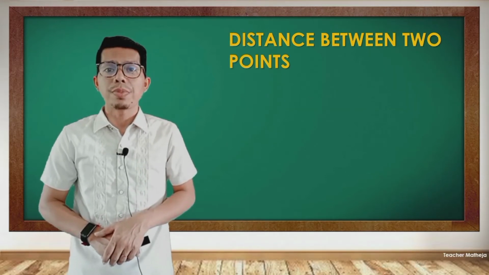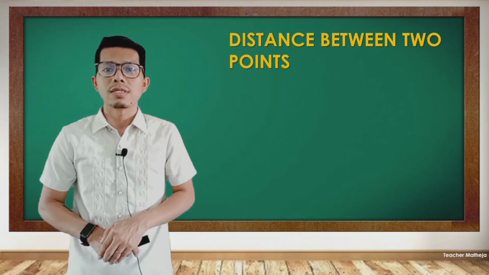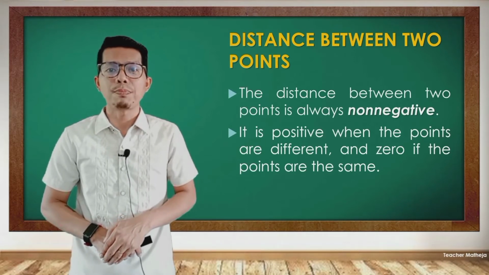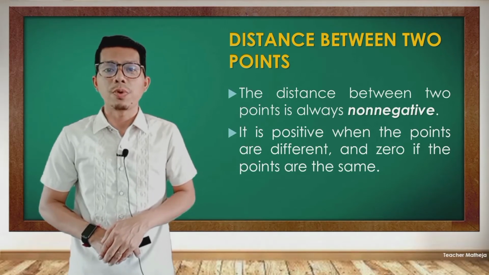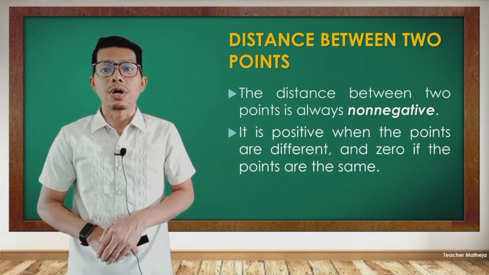Now, remember that the distance that we are pertaining to here is always non-negative. It's never negative, but it can be positive or 0. It is positive when the points are different and 0 if the points are the same.